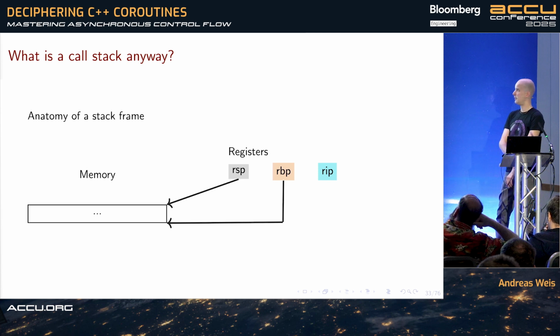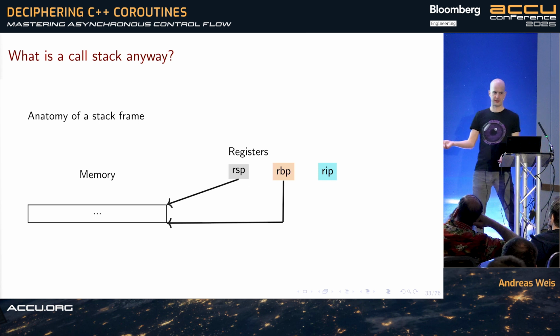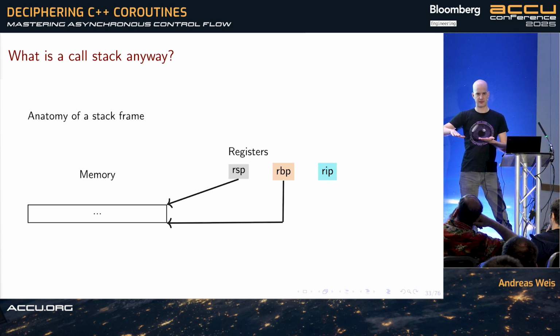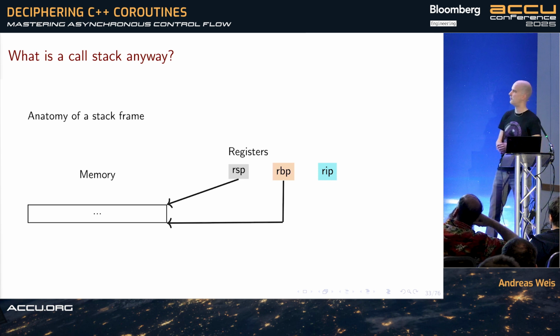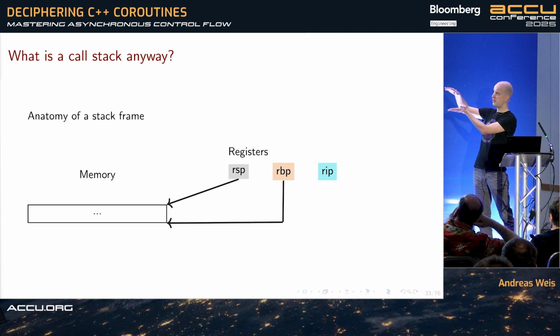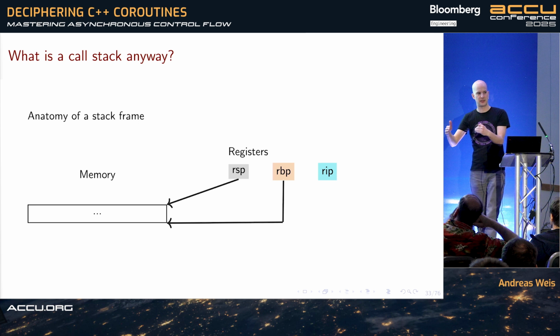We have the base pointer, which is sometimes also called the frame pointer. That's the beginning of our stack frame in memory. Then we have the stack pointer, which points to the end, the upper or lower portion of the stack. Everything between these two pointers is the state of our function.